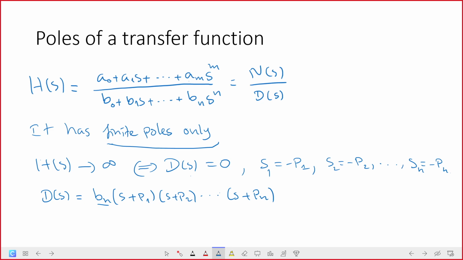So why are zeros and poles important? I explain the importance of poles first. For zeros, later on you will see how zeros affect stability when we analyze the root locus.